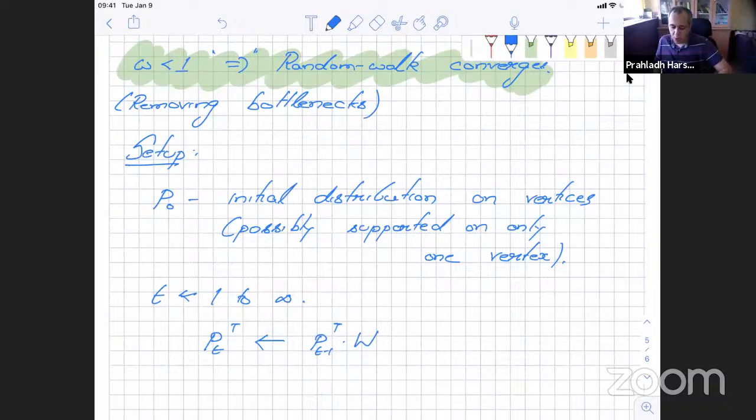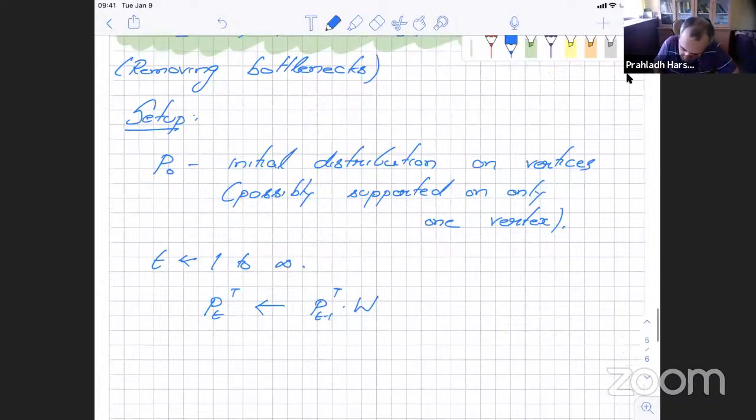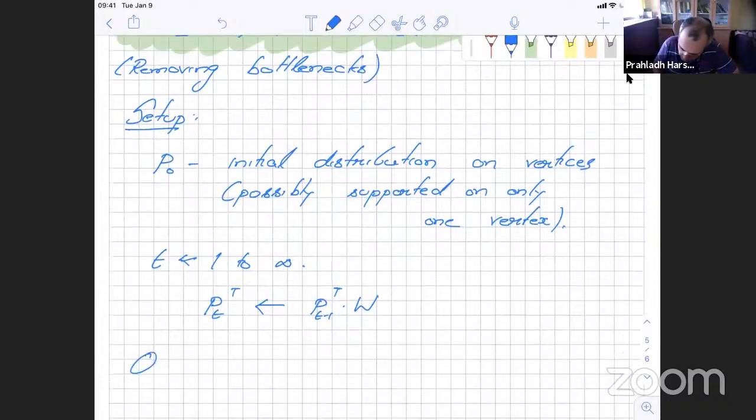And the question we want to ask is, does pt converge to pi? That's the question we want to ask.